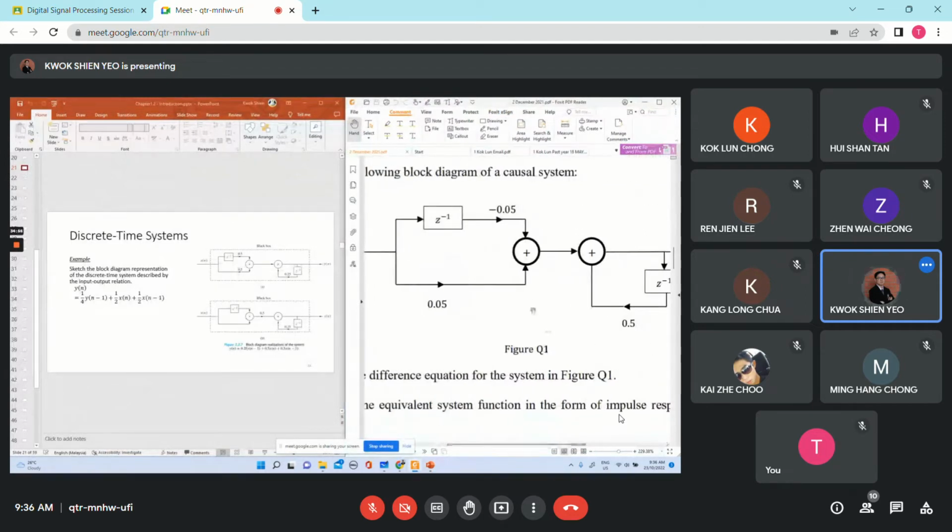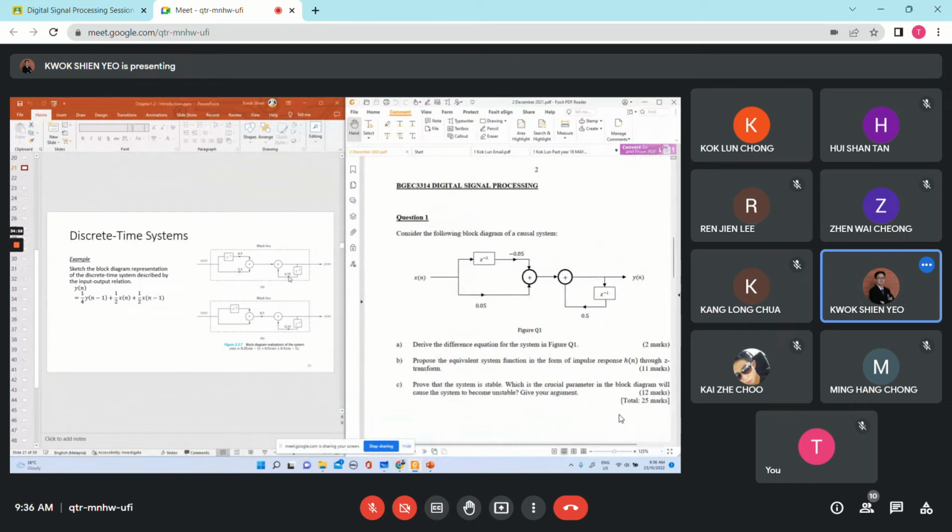This one and this one in the slide. Same, right? So if you know how to do these slides, then you should be able to do this question. The answer is here, right?